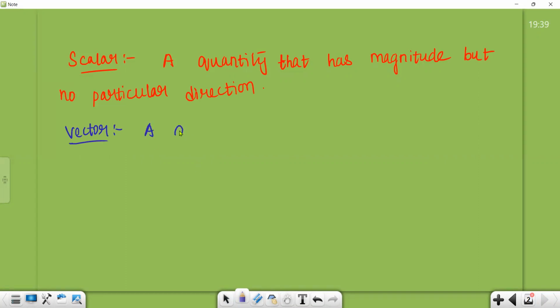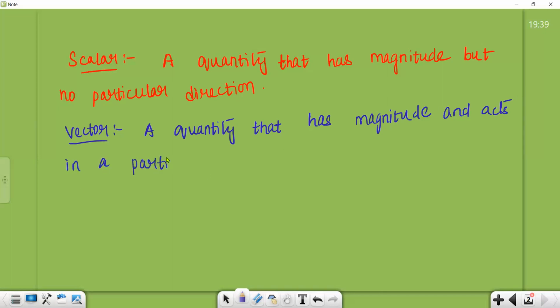A quantity that has magnitude and acts in a particular direction is called vector. Did you understand why distance is called a scalar quantity? Yes, students?